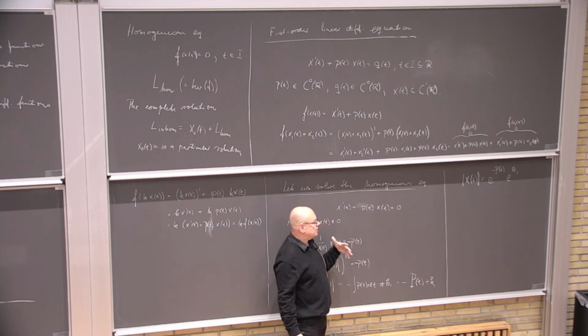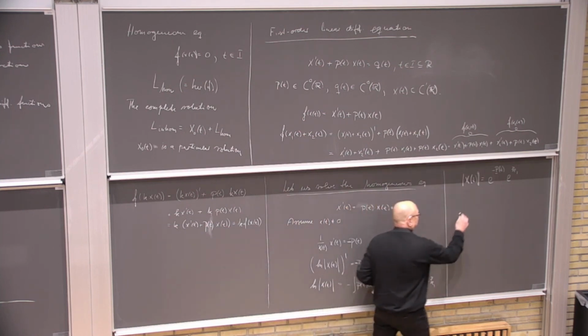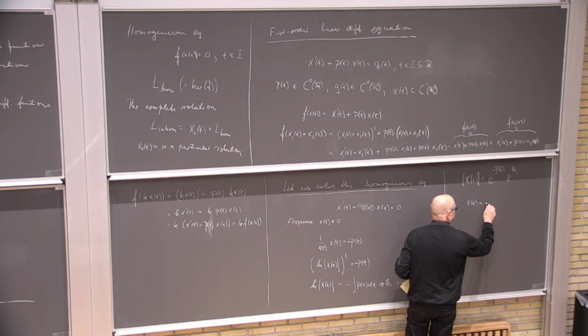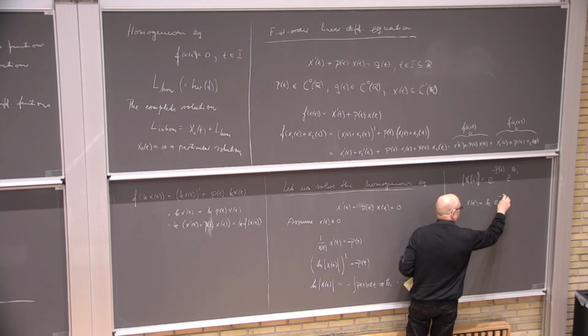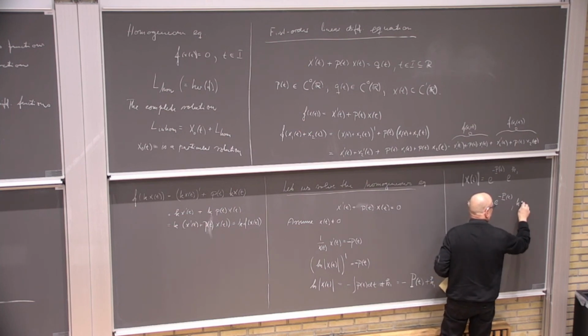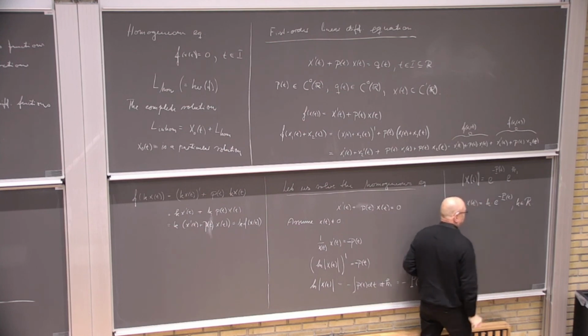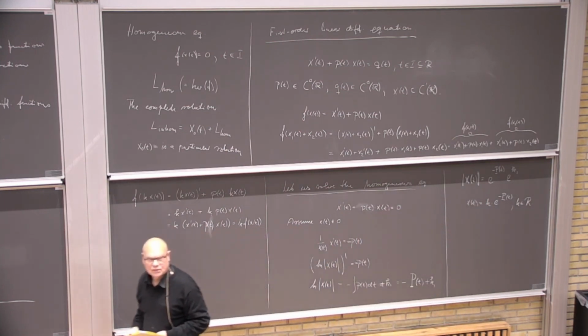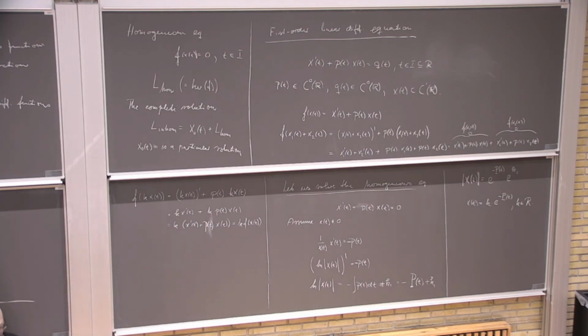So I can even have the constant 0. So I can write the full solution as k times e to minus capital P of t, where k is an arbitrary real constant. So this is a complete solution to the homogeneous problem.